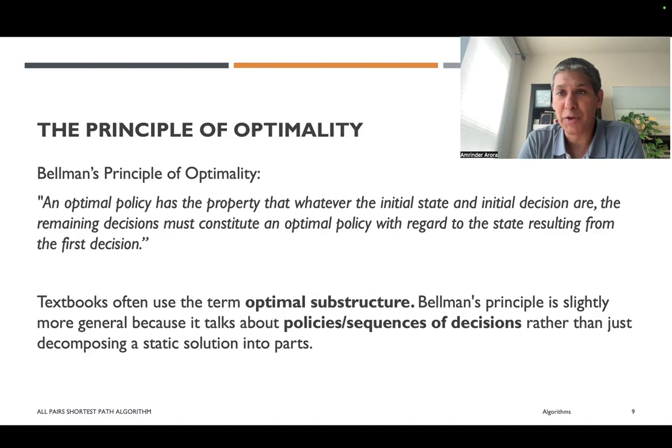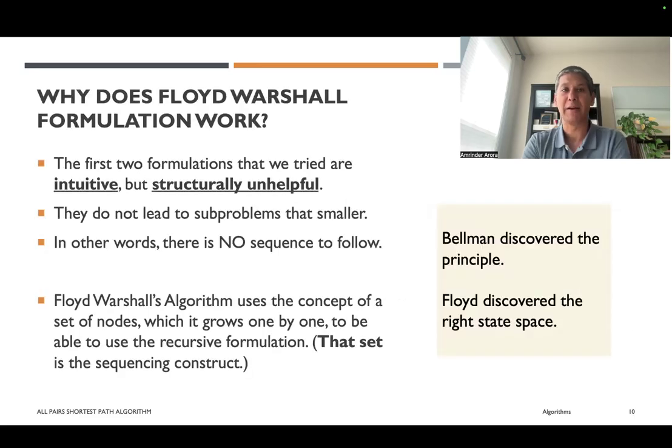Many times textbooks, including the course textbook behind me, also use the term optimal substructure almost interchangeably, but I would point out that Bellman's principle, as originally stated, is slightly more general because it talks about policies and sequences of decisions rather than just a data structure or decomposition of a static solution into parts. But still, it's a fairly related concept. That's the principle of optimality.